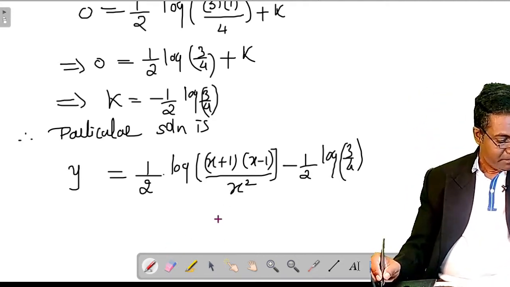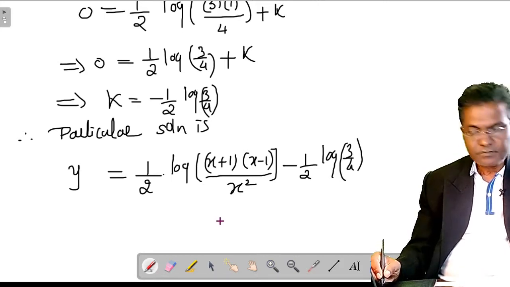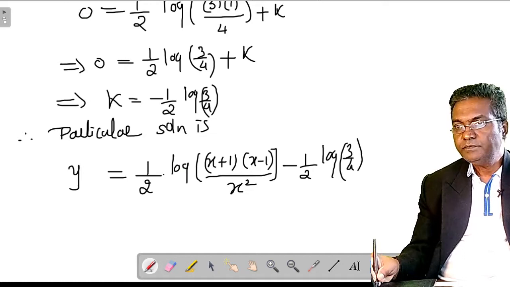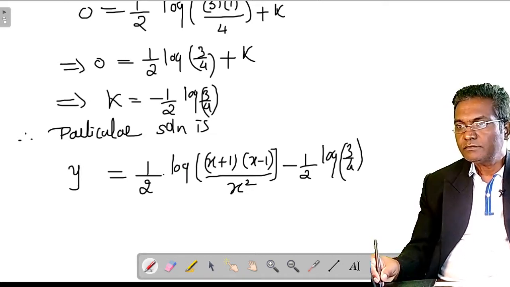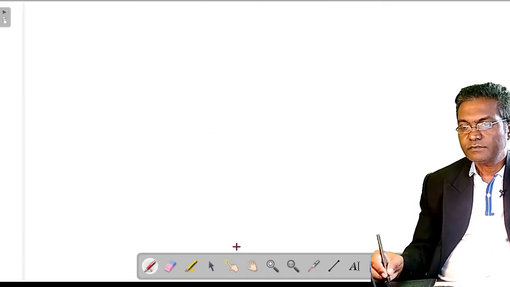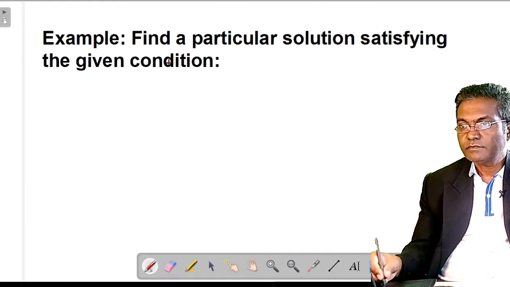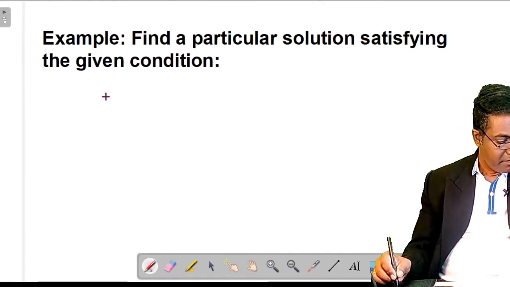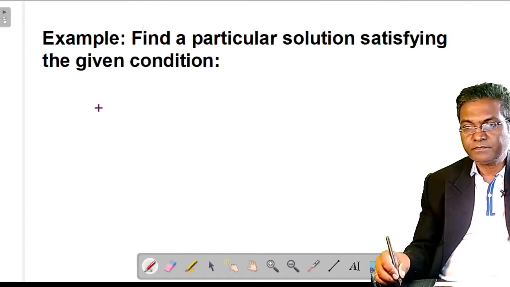Let's have one more example. Find the particular solution of the differential equation.